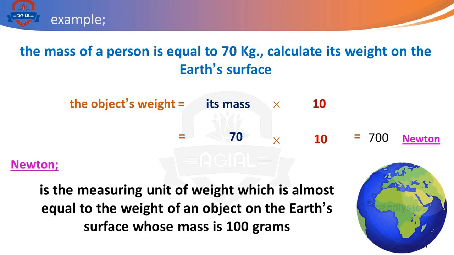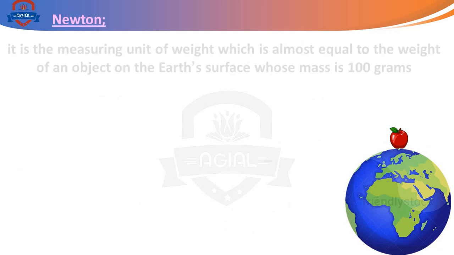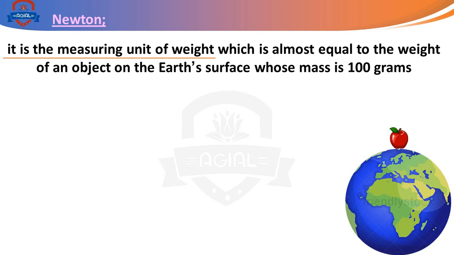The definition of the Newton is the measuring unit of weight, which is almost equal to the weight of an object on the Earth's surface whose mass is 100 grams. Let's see how. Newton, we will say, is equal to 1. It is the measuring unit of weight, which equals the weight of an object, like the apple, found on the surface of the Earth.